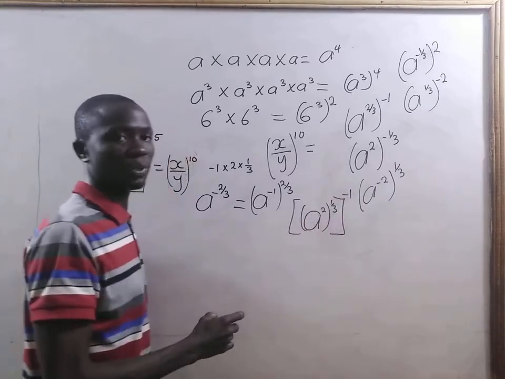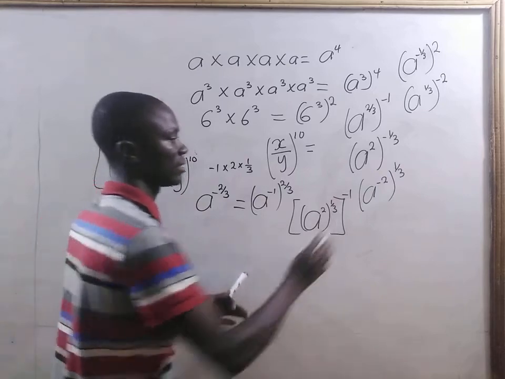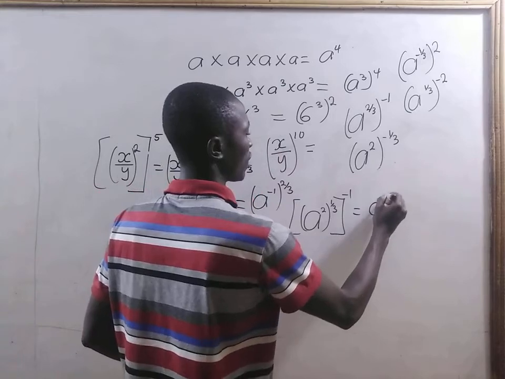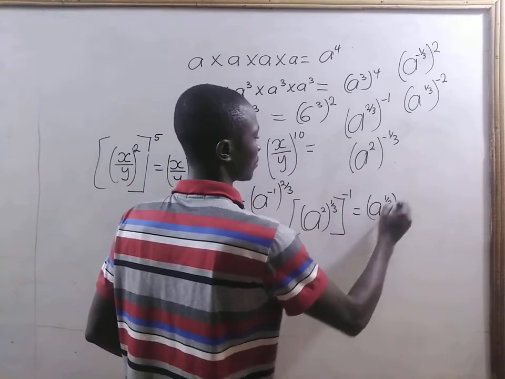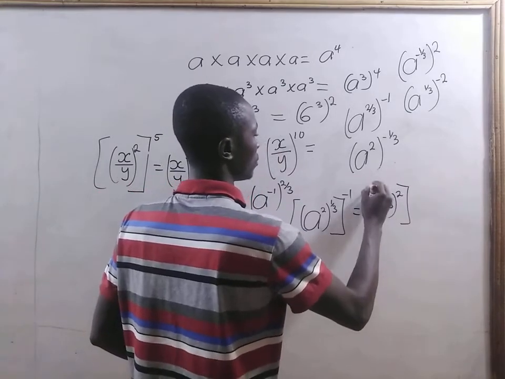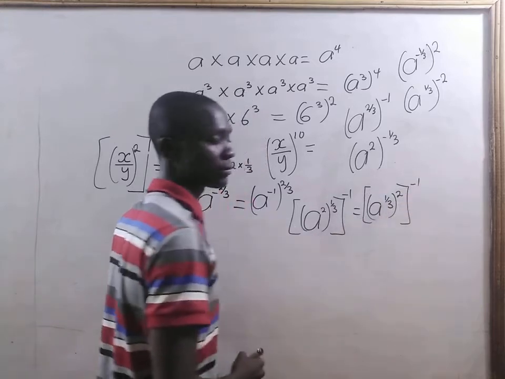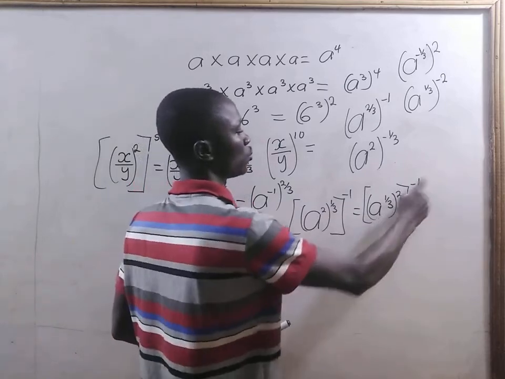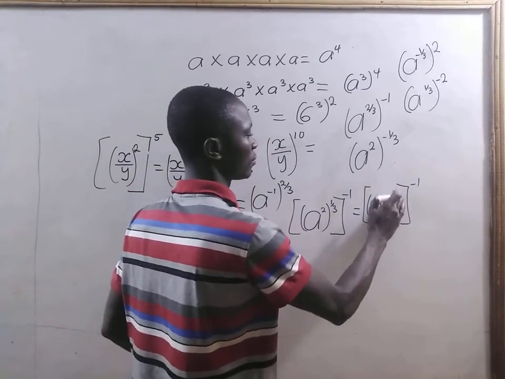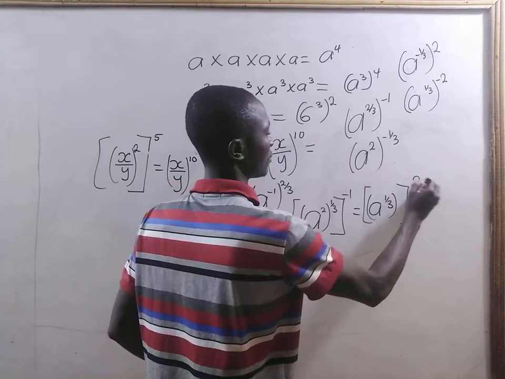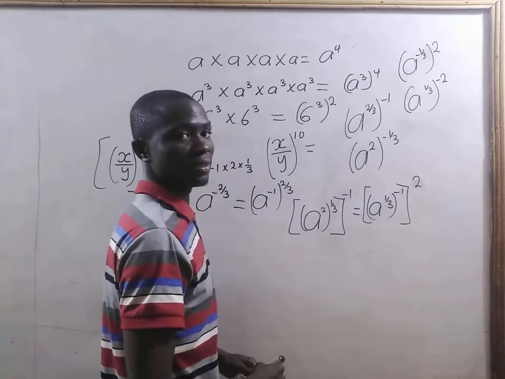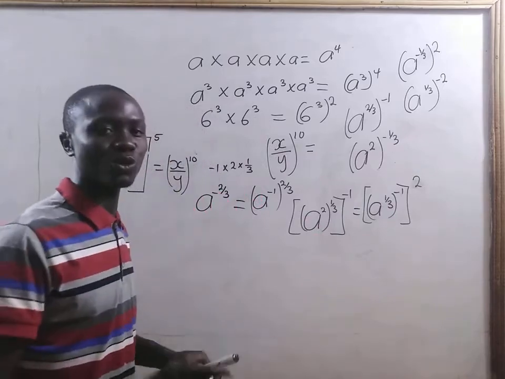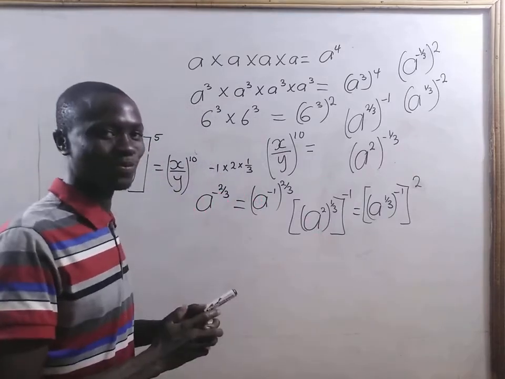And since it is multiplication, we will get the same answer. As we can write it as a to the power 1 out of 3 to the power 2 to the power -1. Depending on how I want to use it. Or I can send the 2 outside and bring the -1 inside. We can interchange the position of any of these and the result will still remain the same.